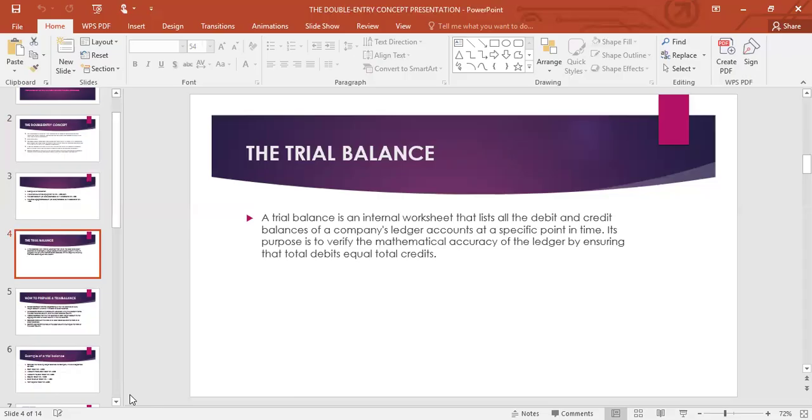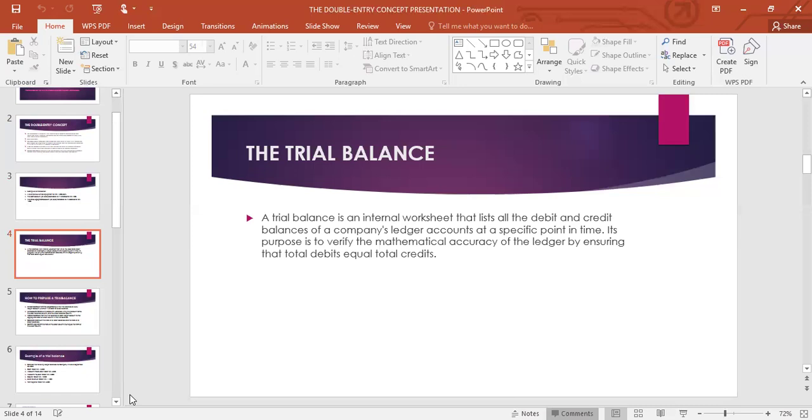Yes, teacher. Now we are going to start from the trial balance, and also understand how we prepare a trial balance. From the screen I've shared, I want one of you to read what a trial balance is.